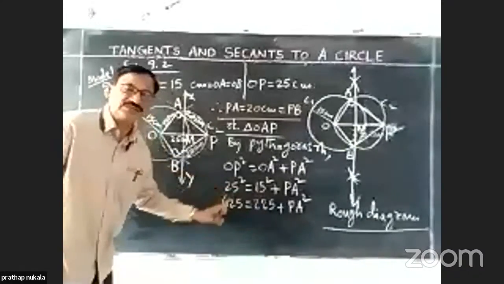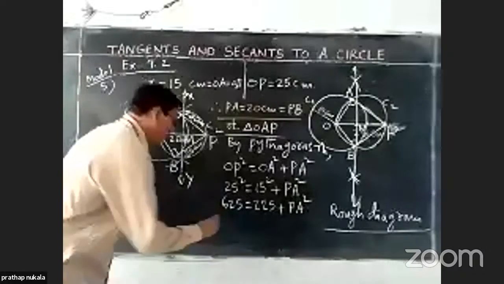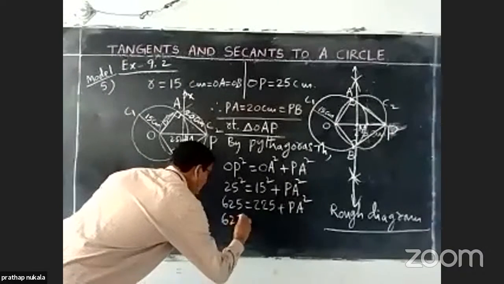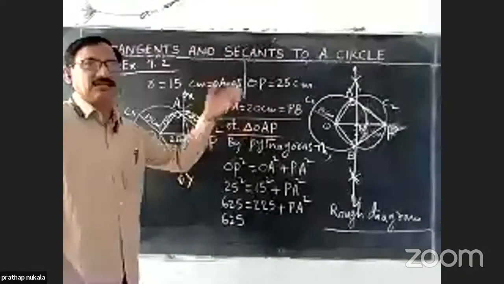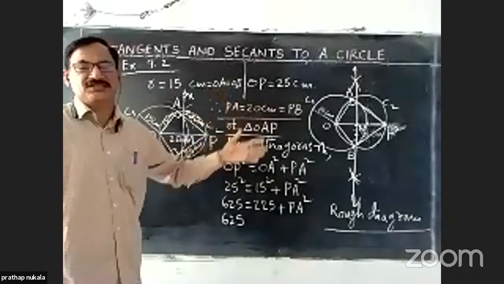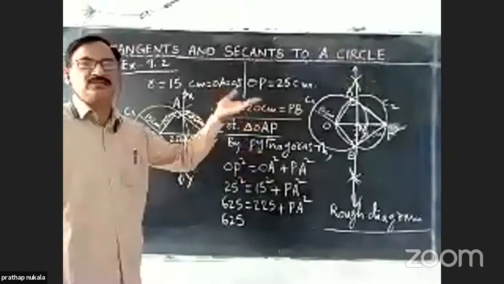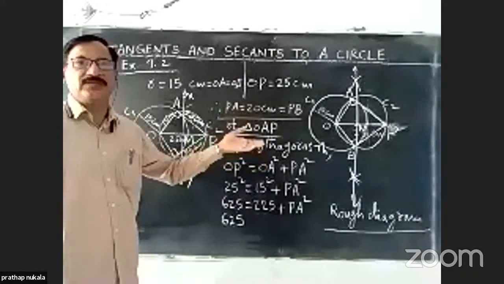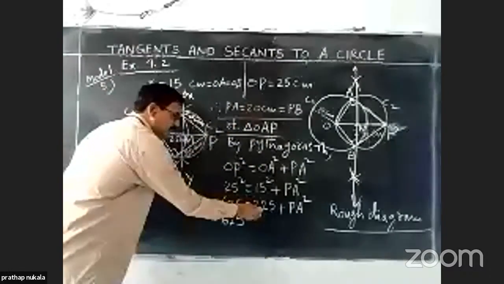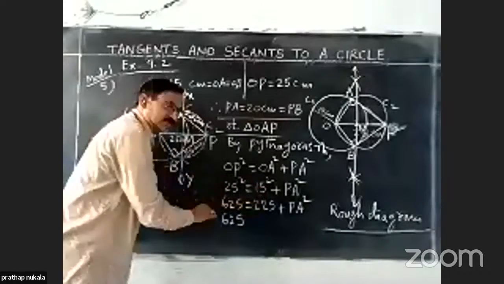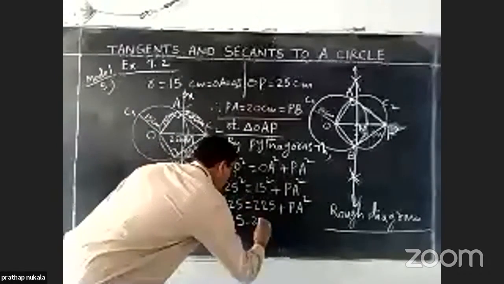Plus 225 becomes minus 225. If we transpose a term from one side to another, the sign changes. If it is positive, it becomes negative. If it is negative, it becomes positive. Here it is positive 225, it becomes negative, minus 225.